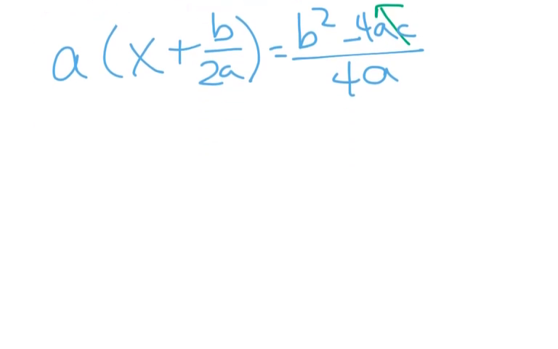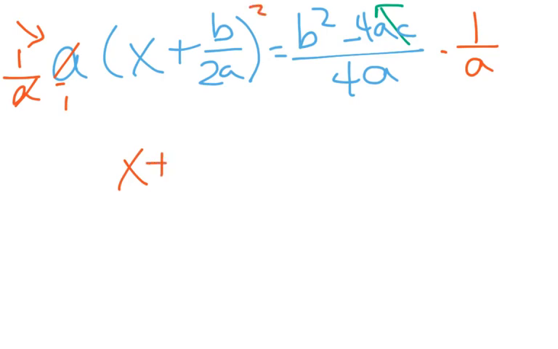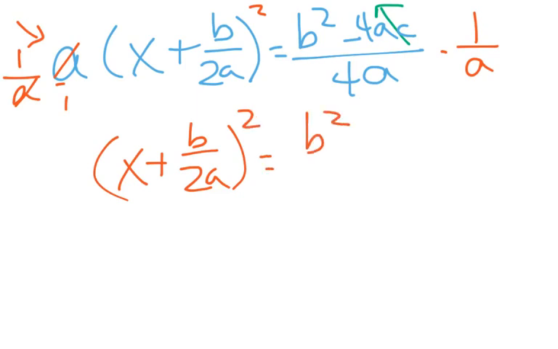Okay, so now I'm going to get rid of that, so I'm going to multiply by 1 over a. And I'm going to multiply by 1 over a on the other side. I forgot the square up there. So I'll have b squared minus 4ac over 4, and then a times a is a squared.